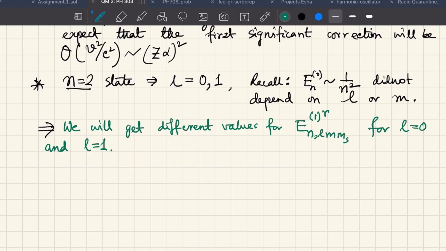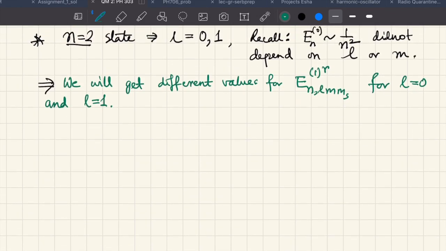So that degeneracy in L has been lifted and the level will be split, and this splitting is due to the relativistic effect. So how does it look like?